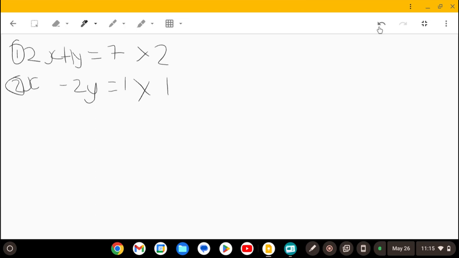So basically, we multiply the coefficient in the second equation by everything in the first equation, and the coefficient in the first equation, which is 1, by everything in the second equation. So let's do that now. Let's multiply the coefficient in the second equation by everything in the first equation.